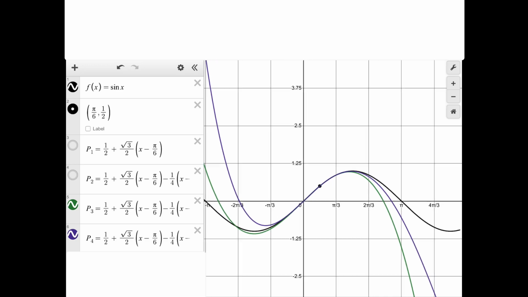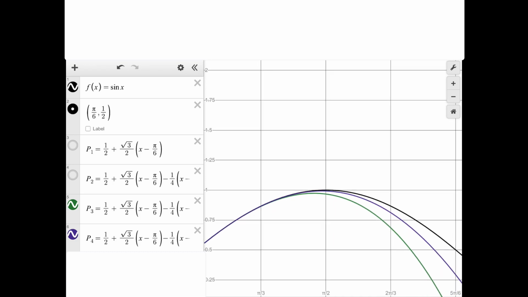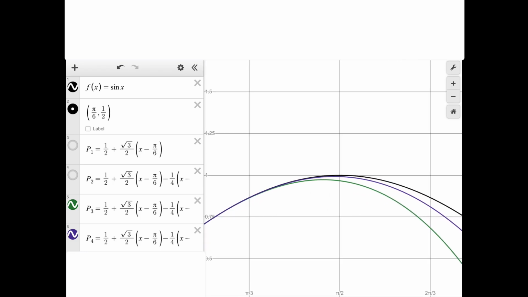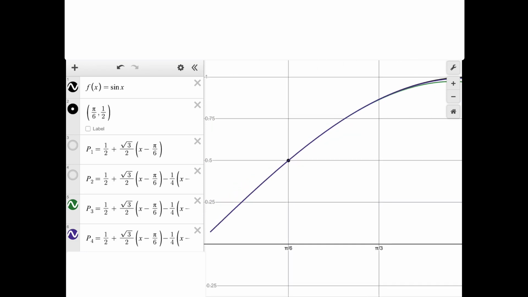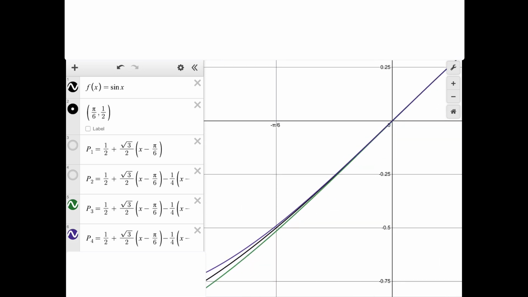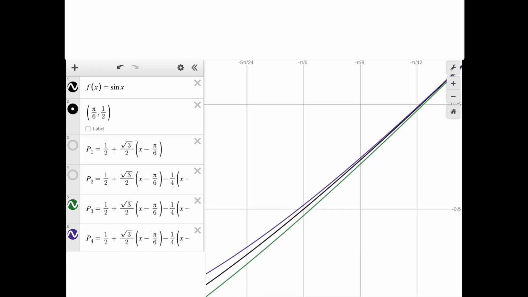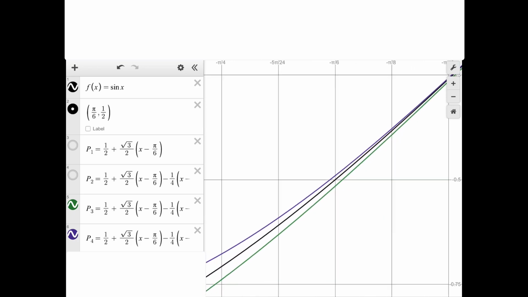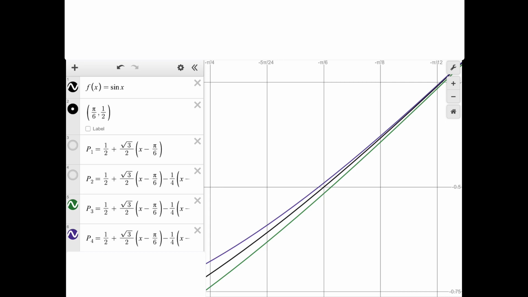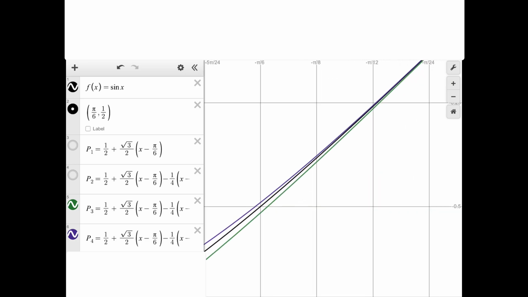But notice if I zoom in near where they start diverging, the purple stays closer to the black. Here the black is really, really close. The purple is closer to the black until about here. Now we're starting to get about equal spacing. So the purple stays a little closer to it. So it is a little bit better at estimating this.